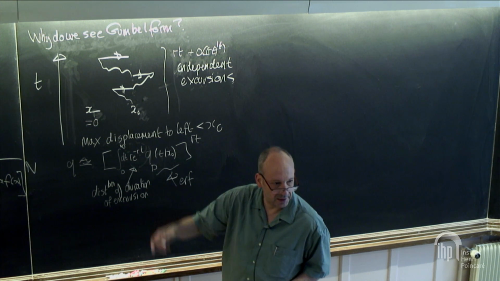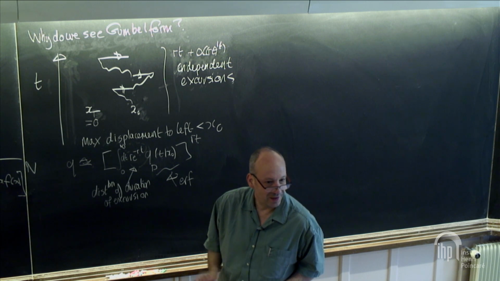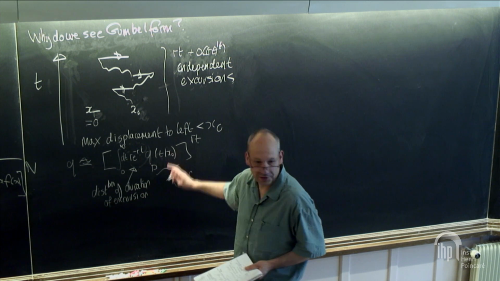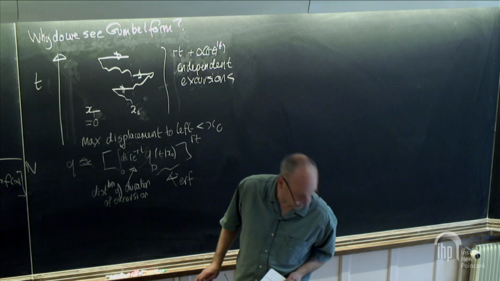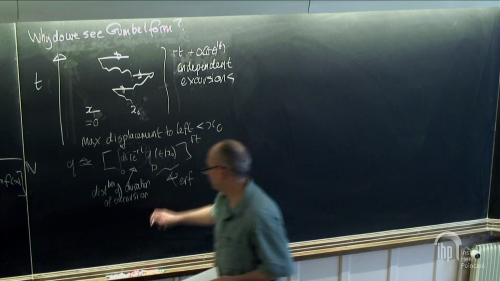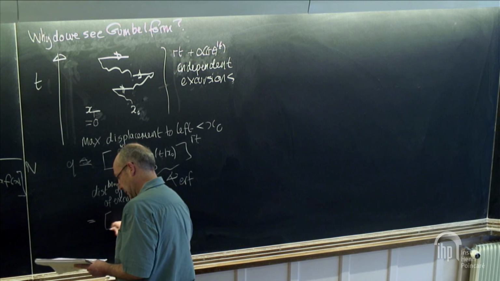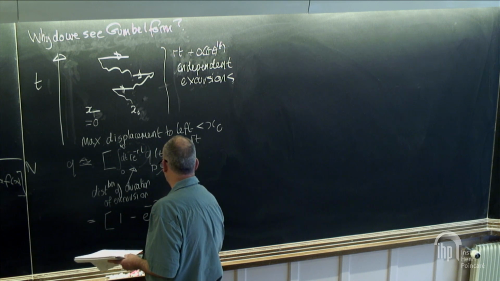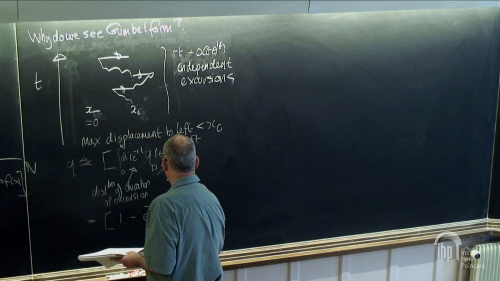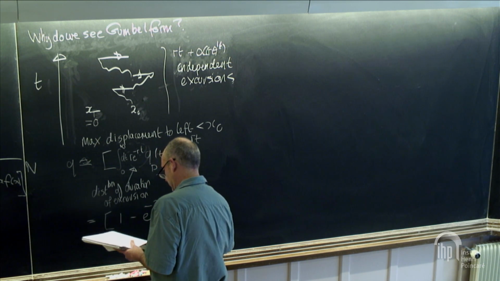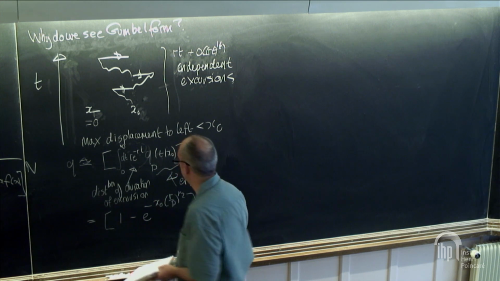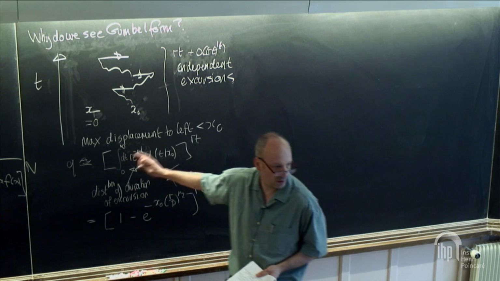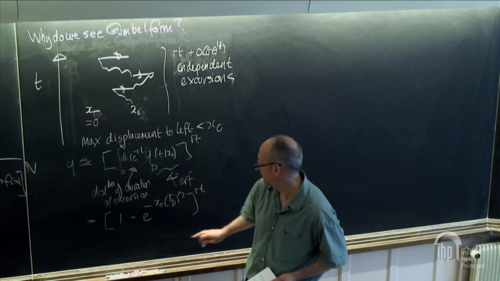And we derived last time the expression for the Laplace transform of the survival probability for a diffusive particle. And this comes out as something simple. And in fact, we get 1 minus e to the minus x naught r over d to the half to the power rt. So this is an approximation, but you know it's reasonably well controlled.